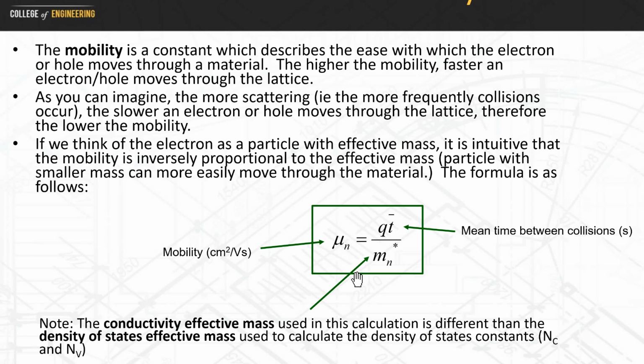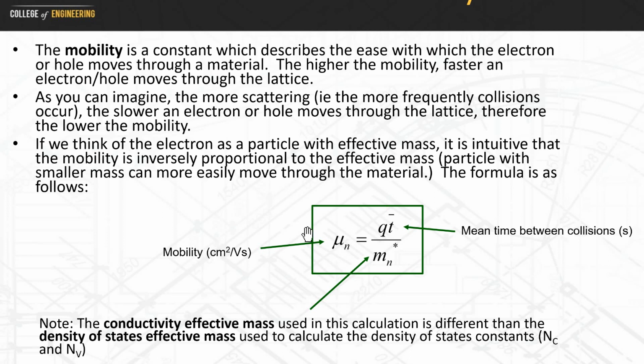We only care about the average velocity of the electron. Statistical mechanics looks at how frequently a certain event is happening, like the collisions, and it averages that out into a parameter or a constant that reflects the average velocity. So that mobility is the average velocity that we're talking about.